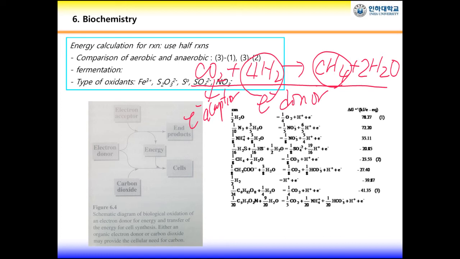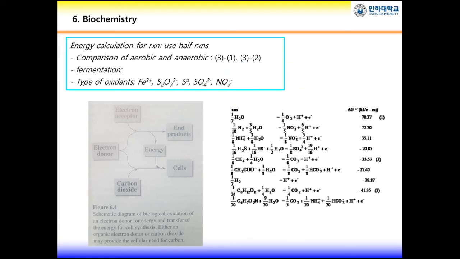If there is an electron donor and electron acceptor, we say it's not a fermentation. It's kind of respiration. Okay, I think I mentioned it clearly. If there is an external oxidant or electron acceptor, we call that respiration. So for respiration, we need the electron acceptor.